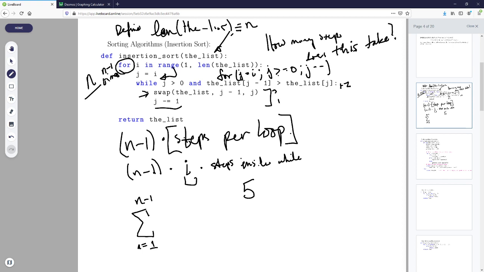And so then we're going to get times 5i, which is equal to 5 times the summation up to n minus 1 of i. And I think you guys have seen this before in this class.